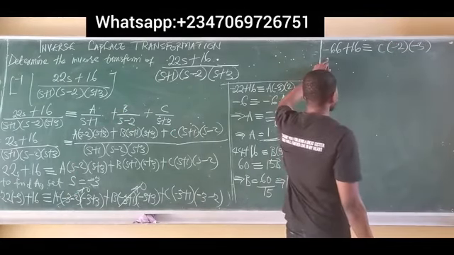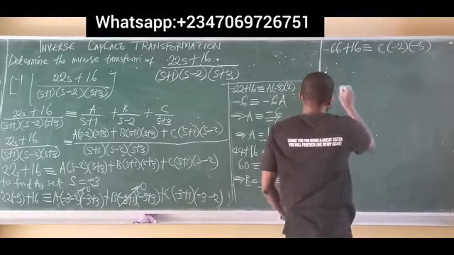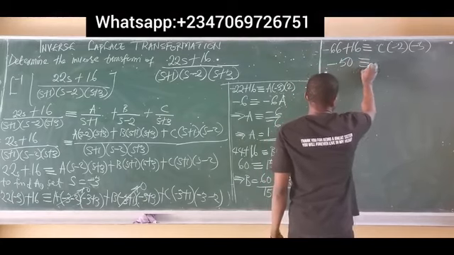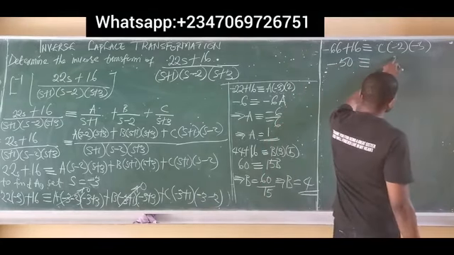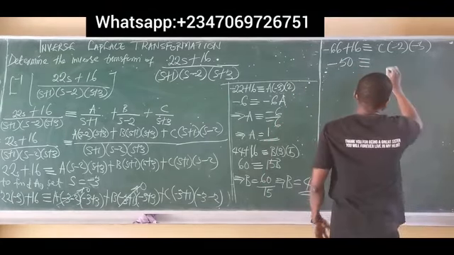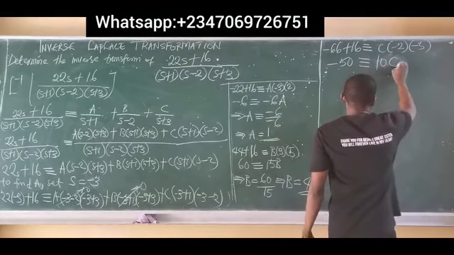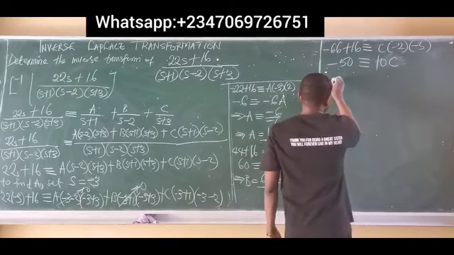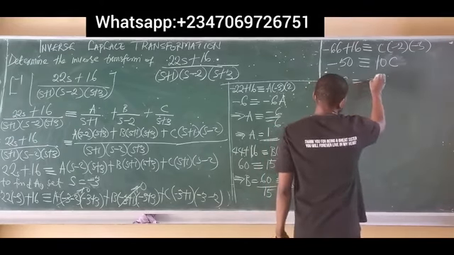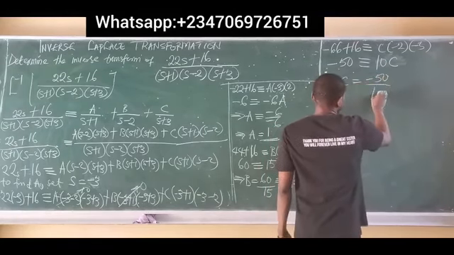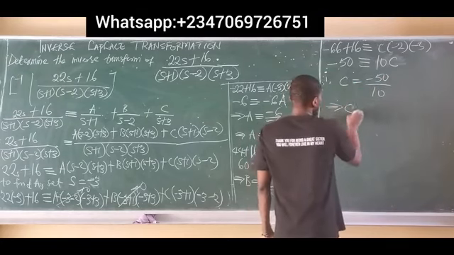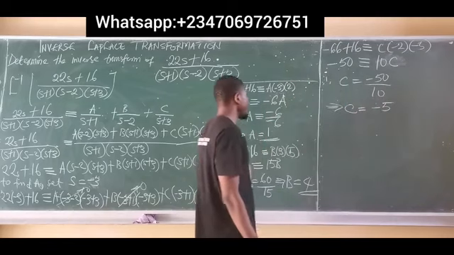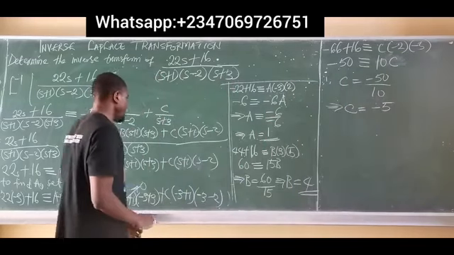Now, minus 66 plus 16 will give us minus 50, and this is equivalent to minus 2 times minus 5, which is obviously 10c. Alright, so to find c, divide both sides by what? 10. Therefore, you have that c is equal to minus 50 over 10, which implies that c itself is what? Actually minus 5.